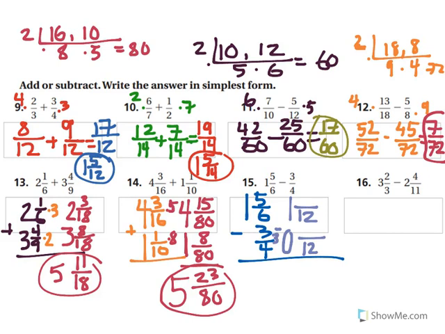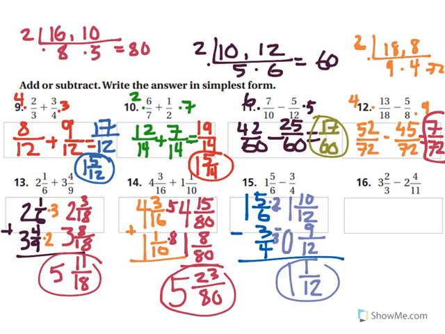So 3 times 3 is 9. But then over here, I need to multiply by 2, because 6 times 2 is 12, so 5 times 2 is 10. So 10 minus 9 is 1, so 1/12. 1 minus 0 is 1, so I have 1 and 1/12.